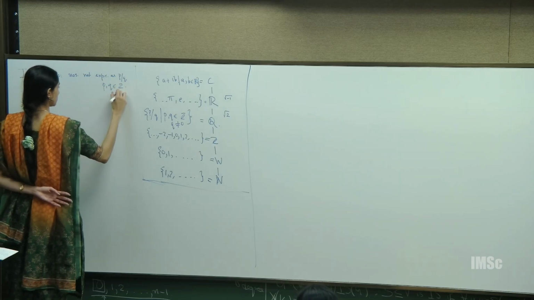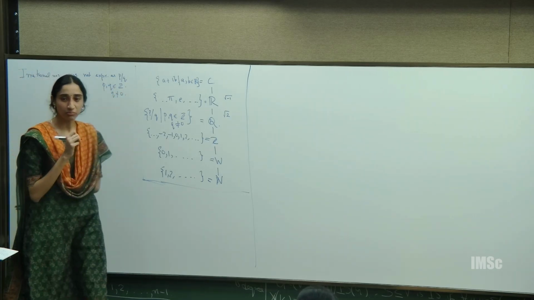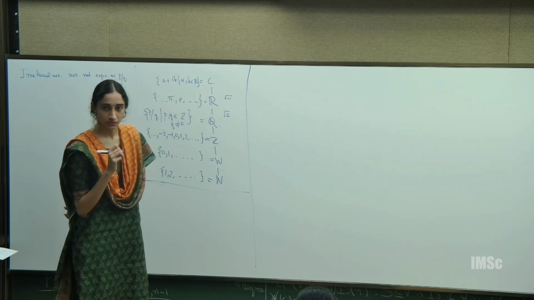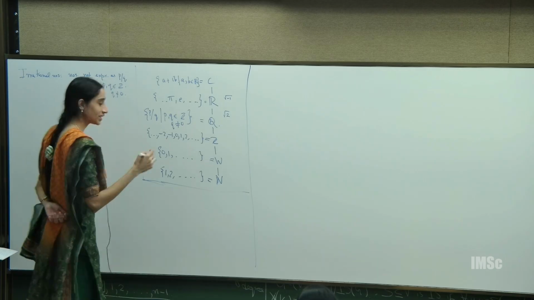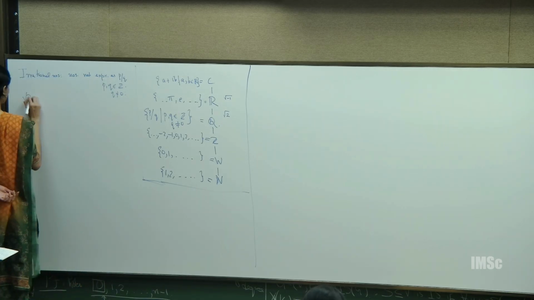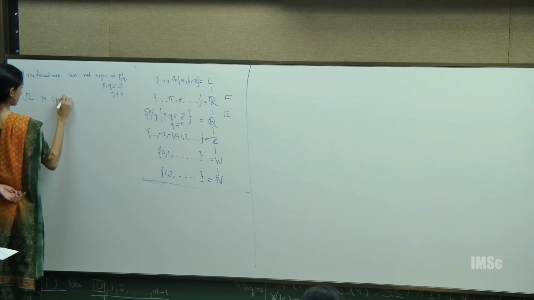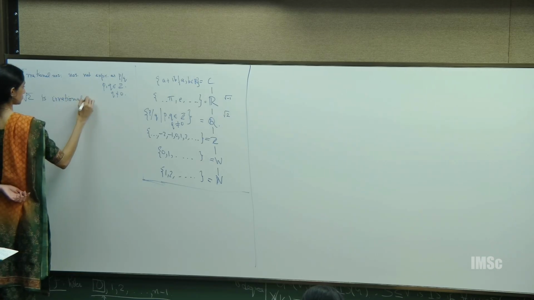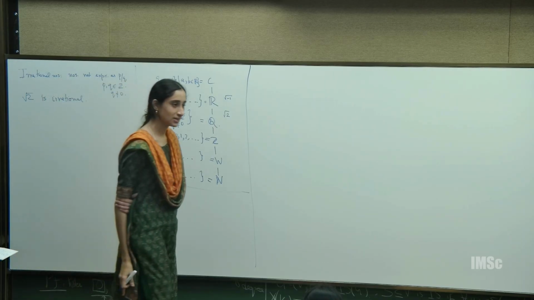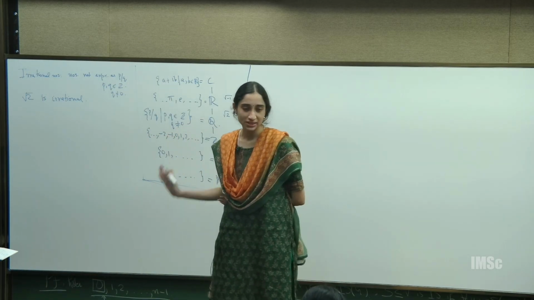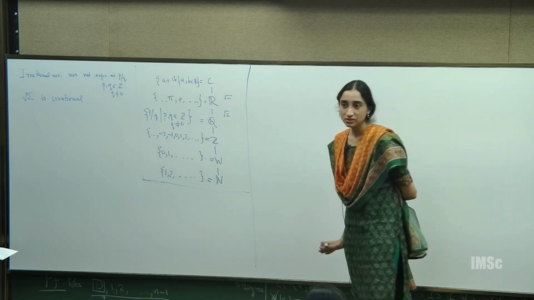Can you give some example of an irrational? Root 2, he says. So all of you agree? How do you agree? Why is root 2 irrational? It's not clear. First of all, what is the value of root 2 is not clear to me. So what is root 2?